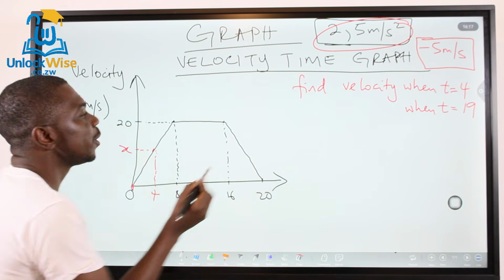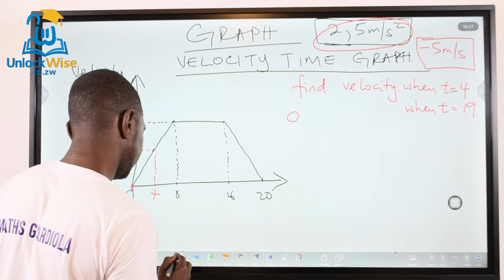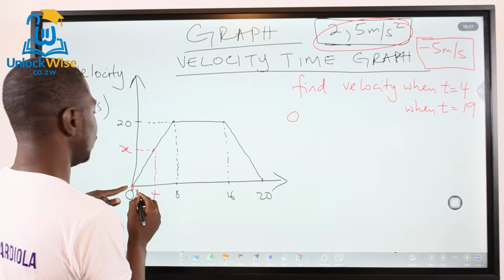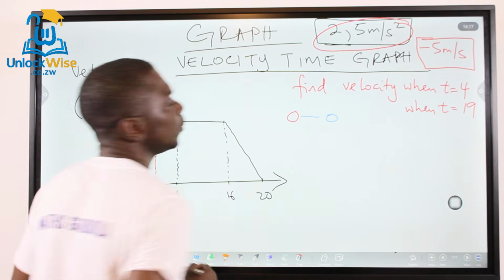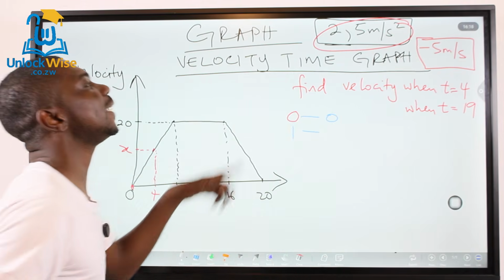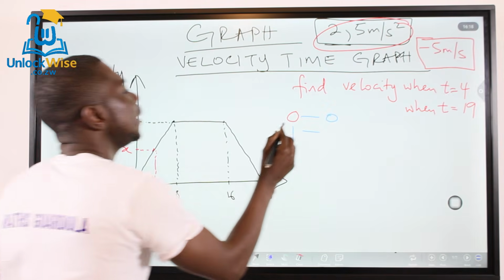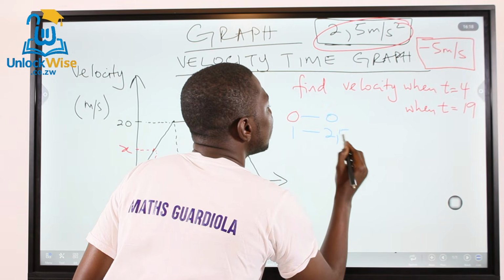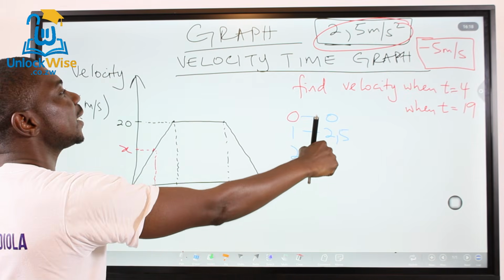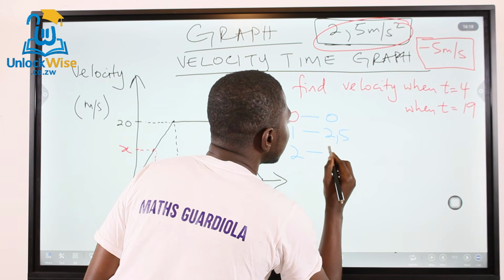From here, we have 0, 0, 0 on time, and 0 acceleration. No problem. For every second, we are going to add this acceleration. So from 0, we have 2.5. The next second, we add the acceleration, we get 5.